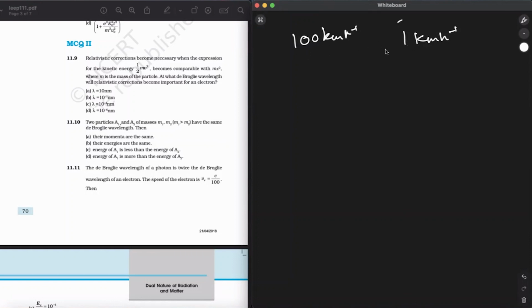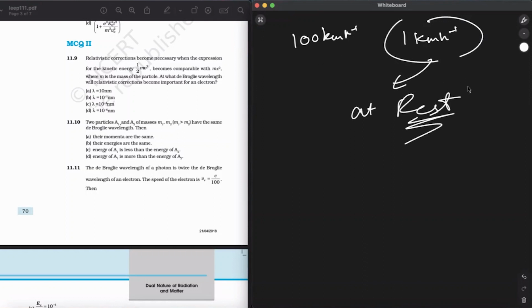Then it does not matter. It appears at rest to you, because this is incomparable.